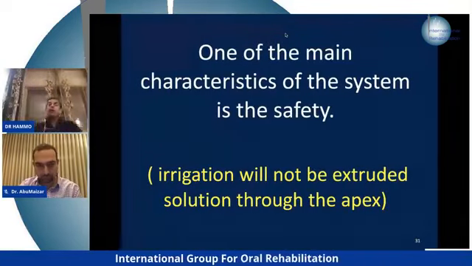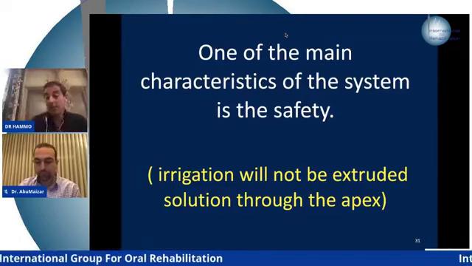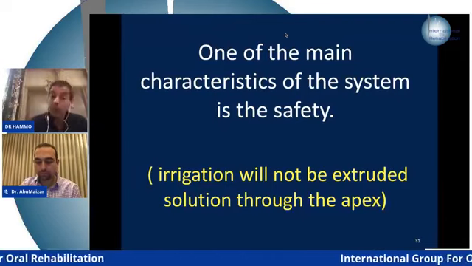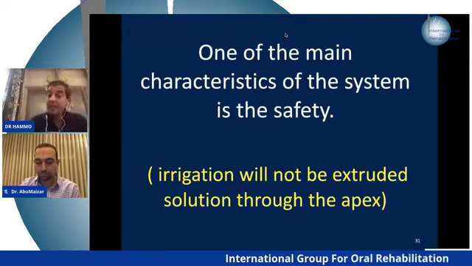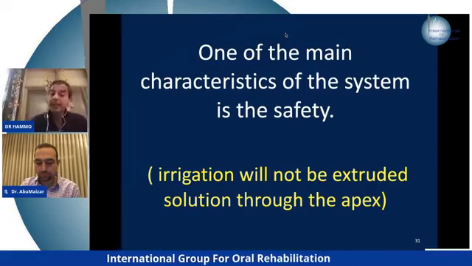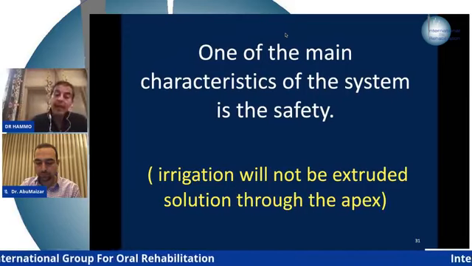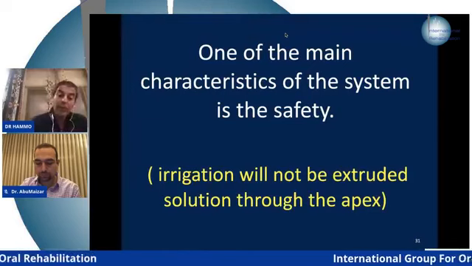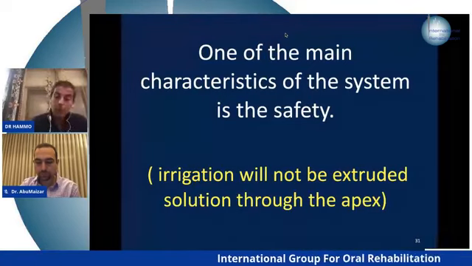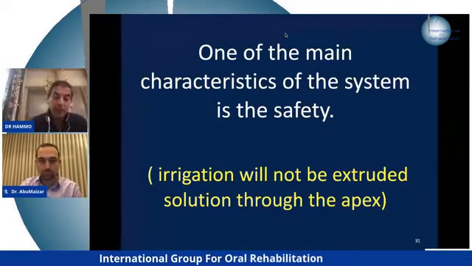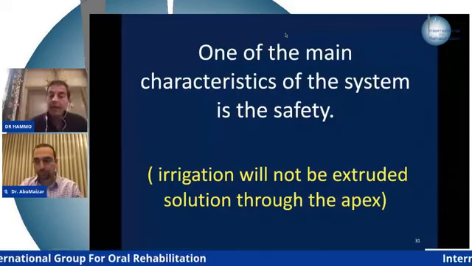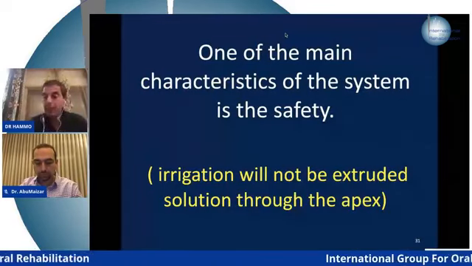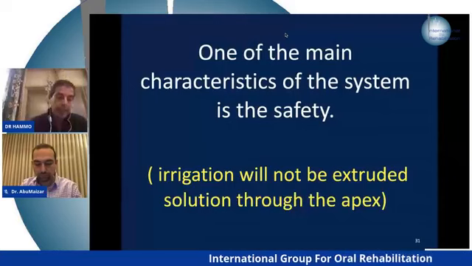Why is such a device recommended by some? Because the main characteristic of this system is safety. They say the irrigant will not be extruded outside through the apex because we are aspirating it. Because of this, the risk of expulsion or accident is less.